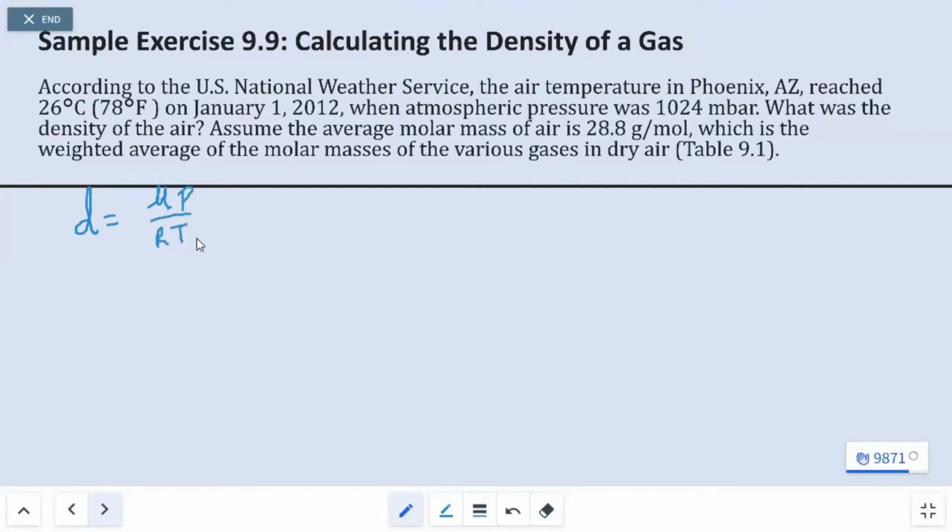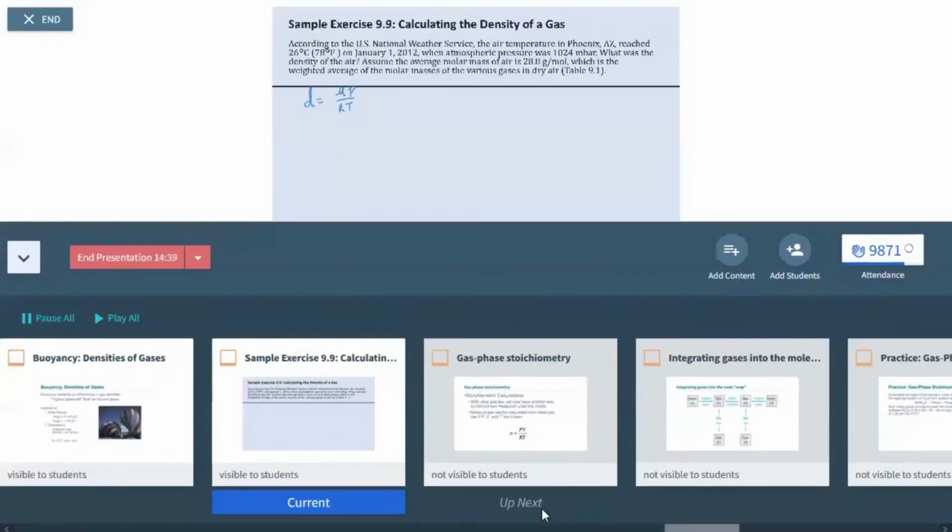If you know that equation, problems like this are pretty straightforward, because all that we need to do is simply input the correct variables in the right places. And really the only thing that's stopping us here is we have a pressure in millibar, but we don't have an R value in millibar, so we would have to do that conversion. The conversion itself, not too terribly difficult. We just need a table of conversion values.